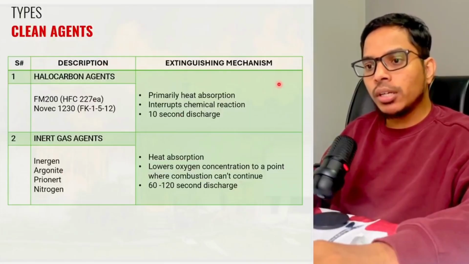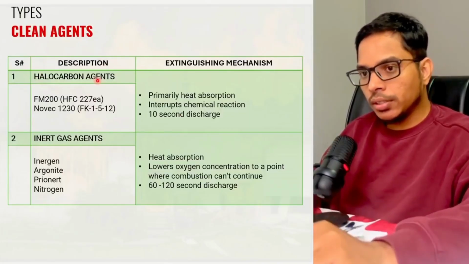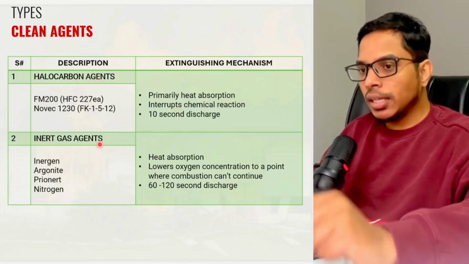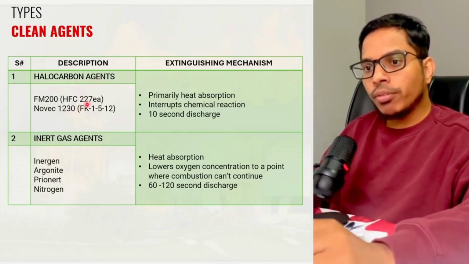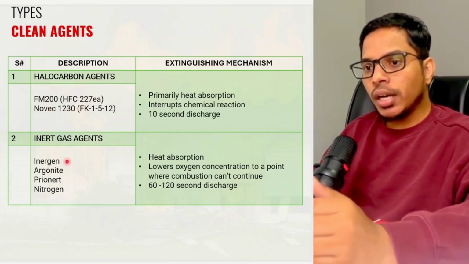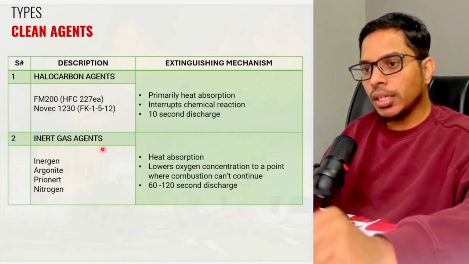Let us have a look at the various types of clean agents. There are two types: number one, halocarbon agents, and number two, inert gas agents. So FM200 and Novec come under halocarbon agents. Inergen and various others come under inert gas agents.